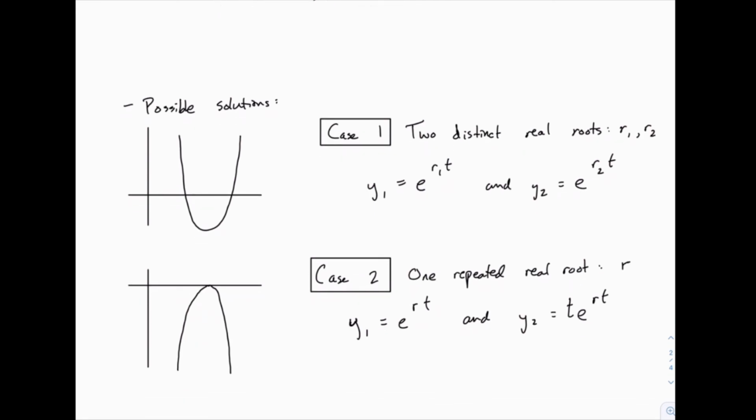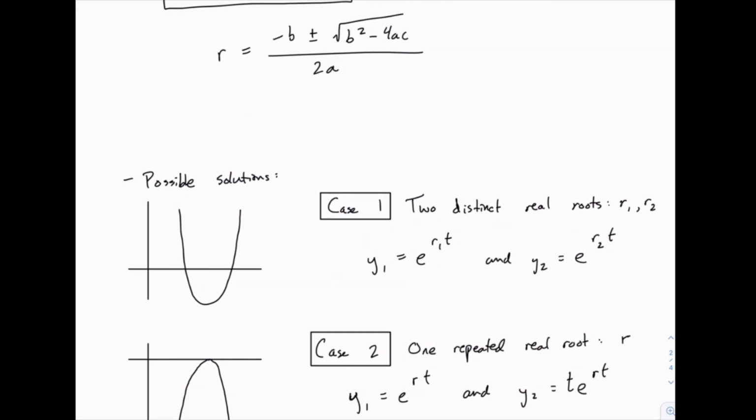The last possible solution, we've already seen where this determinant is positive or 0. What if it's negative? If it's negative, you'll have a square root of a negative number, meaning you'll introduce complex solutions, where you have a real part and an imaginary part.